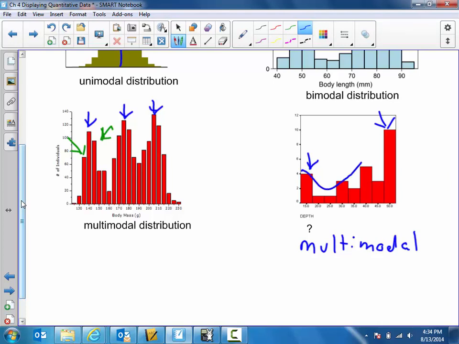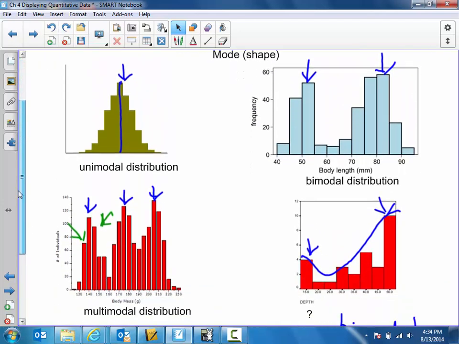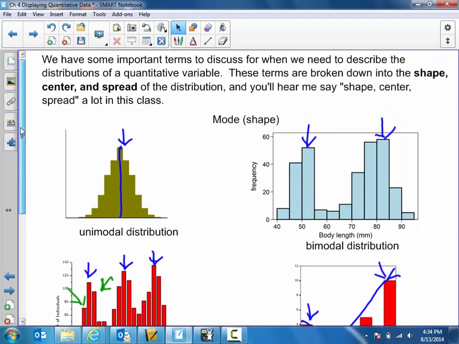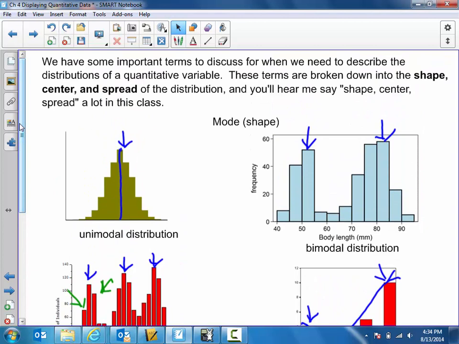The shape of this distribution goes from falling here to rising, rising, rising, rising, okay? So you're looking at not only what is directly around it, like we see with these green arrows in the third distribution, but also what the bins are doing in general to determine whether or not that particular bin is a mode. So this is not multimodal. This is bimodal. All right, two prominent peaks.